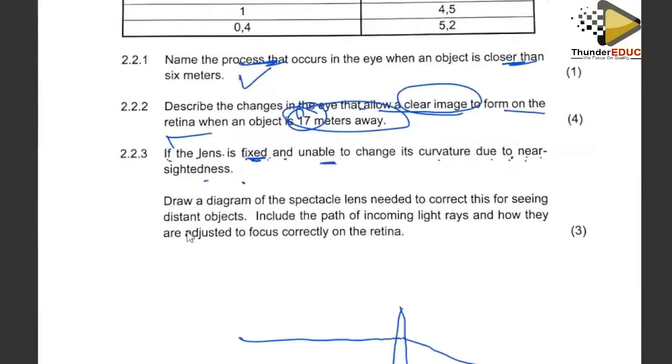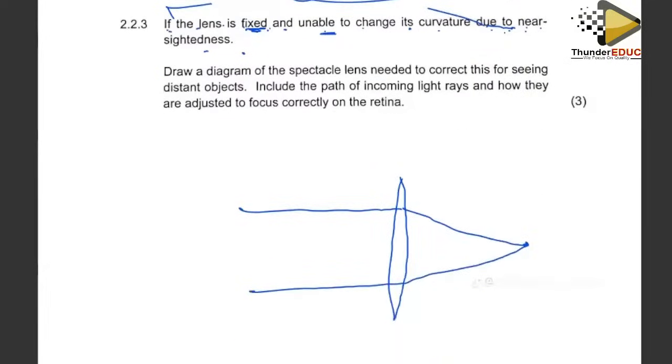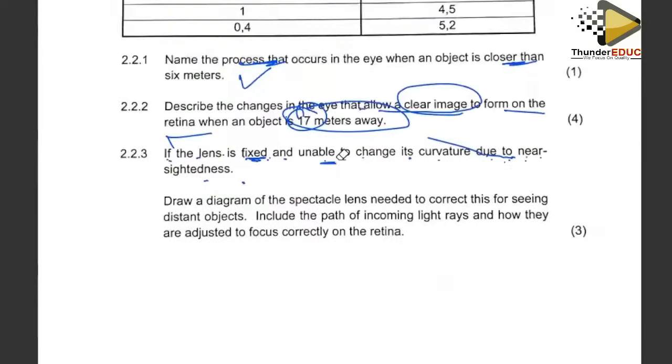If the lens is fixed, unable to change its curvature due to near object, meaning why are they bringing complicated equations to my students? So here they say, oh my god, this question is different from this question.